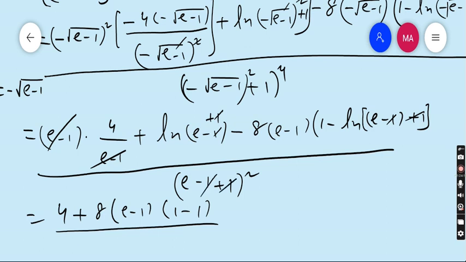Upon 1 and 1 cancel, e square. So 4. 1 minus 1 is 0. 1 minus 1 is 0. So the whole answer is 0 upon e square.